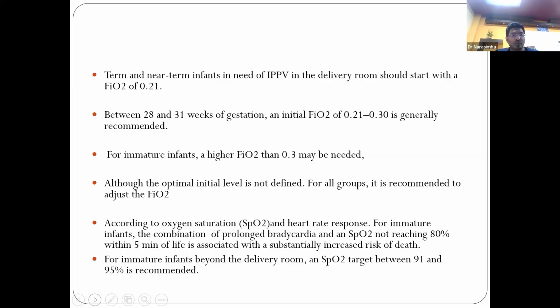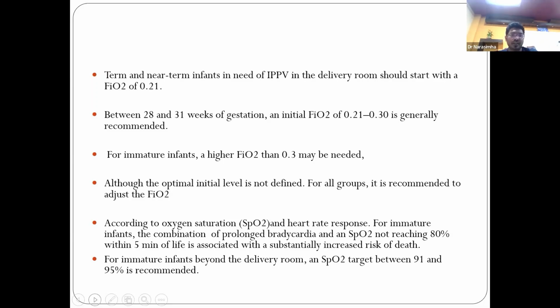Between 28 to 30 weeks of gestation, the initial FiO2 of 0.21 to 0.3 is generally recommended. So if you are going into the delivery room, you should always ask whether it's a term baby or a near-term baby. And if it needs the support of positive pressure ventilation, we need to start with FiO2 21. If you are going for delivery of a preterm, like a 28 to 31 weeker, the initial will be from 0.21 to 0.3, or 21 to 30 FiO2.